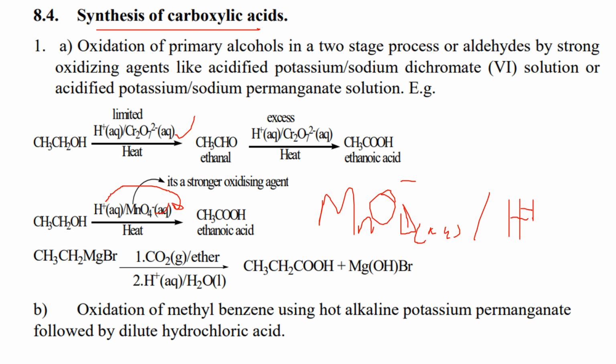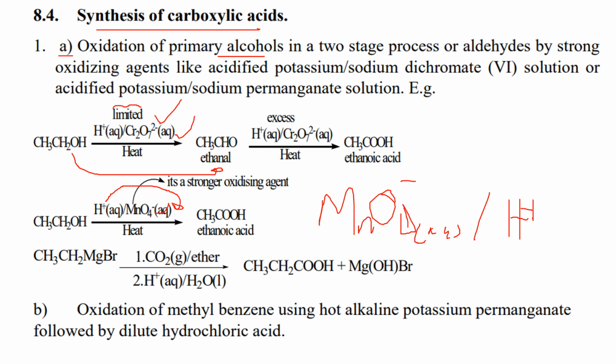Under synthesis, you can get a carboxylic acid in part A by oxidizing primary alcohols, but this involves 2 stages if you are using a weak oxidizing agent. For a weak oxidizing agent, you can use dichromate. If you're using dichromate in limited amounts, it's always going to first give you an aldehyde.